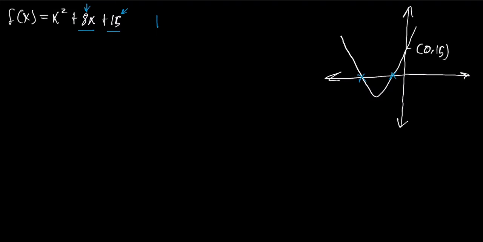I'm going to work in order from 15 and go down. 15 multiplied by 1 gives me 15, but adds up to 16, not 8. Let's go down. 7.5 multiplied by 2 gives 15, but adds up to 9.5.